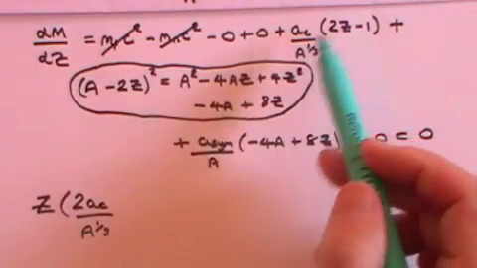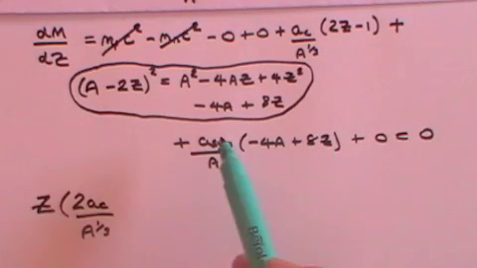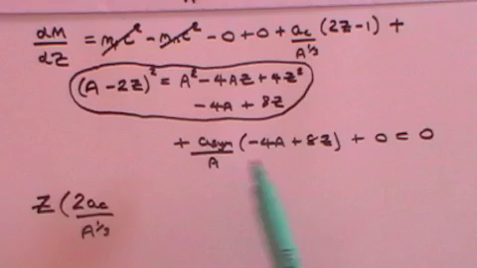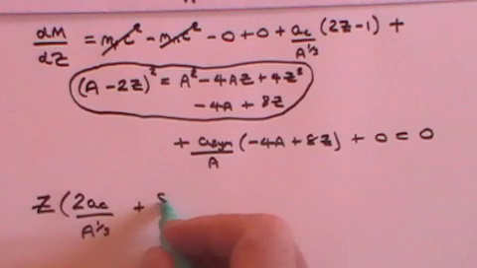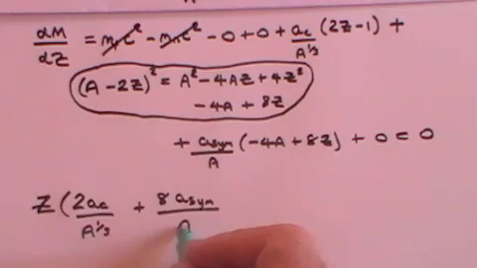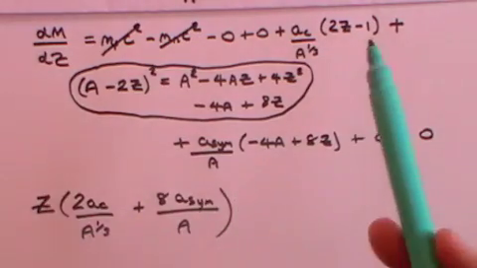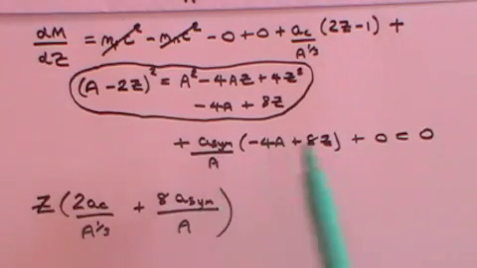That's that Z term there. And the Z term here is 8 asim over A. So that's plus 8 asim over A. Those are the only two Z terms, that Z term there and this Z term here.